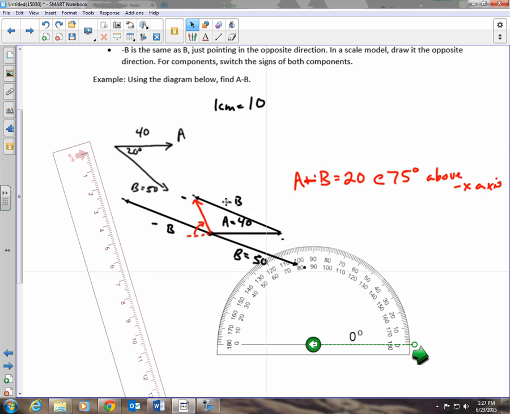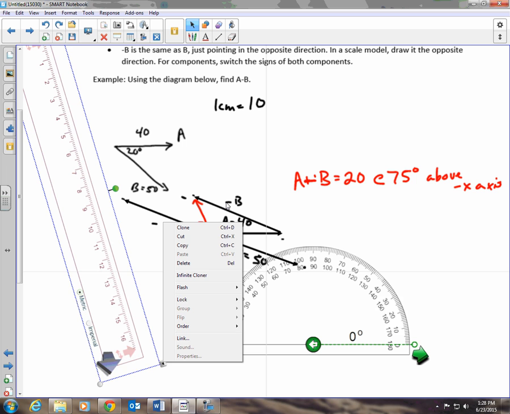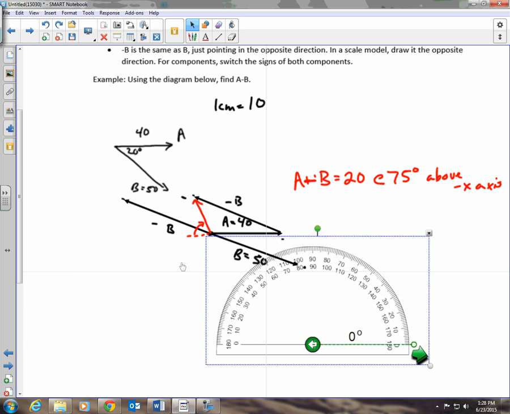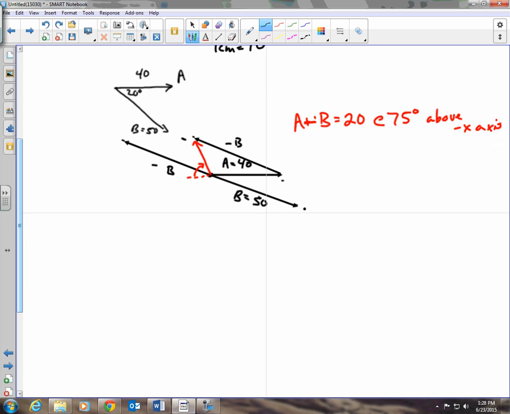Now, I should get the same value if I use the component method. So for the components, I'm going to redraw A and B. I have A going over this way at 40. So AX is going to be 40, AY is 0.